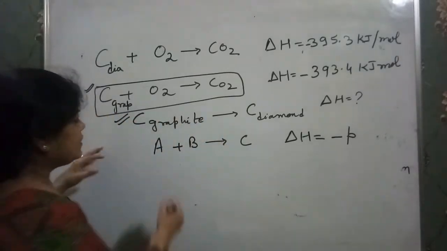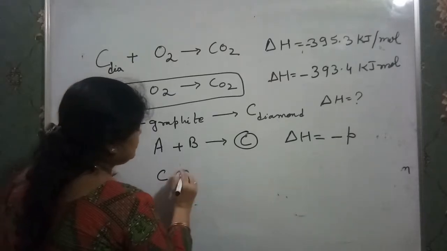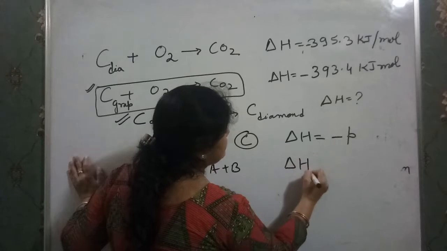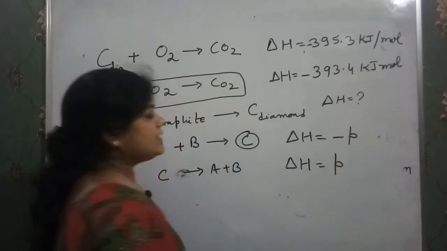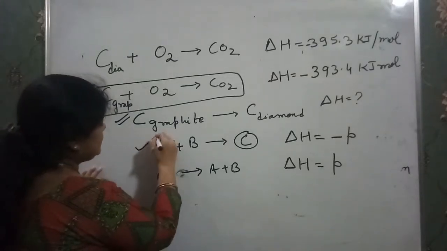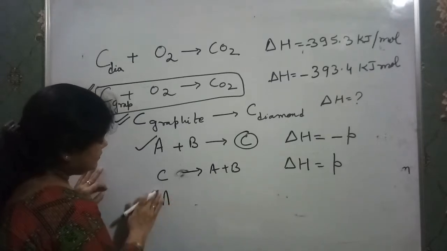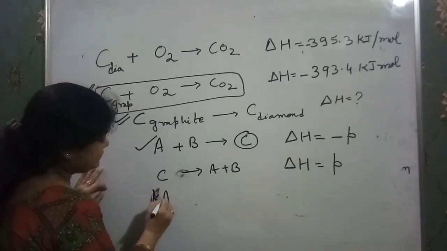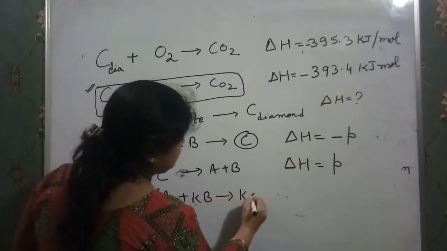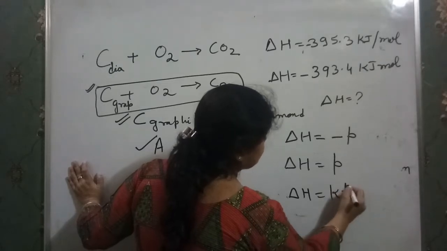So when we take C to this side, how does it affect things? Then the heat evolved becomes P. That is, the sign gets changed. Similarly, if we multiply this reaction by a factor, for example K, so that 2B becomes KB and C becomes KC, then the enthalpy is multiplied by that factor.